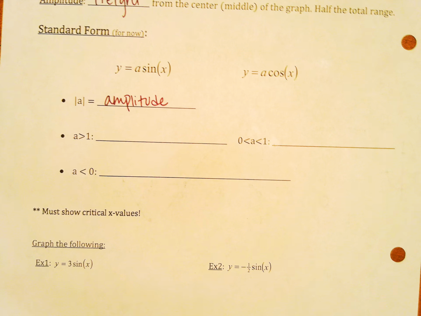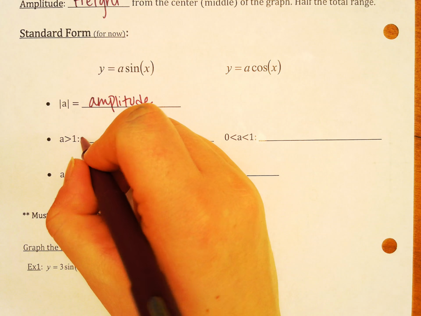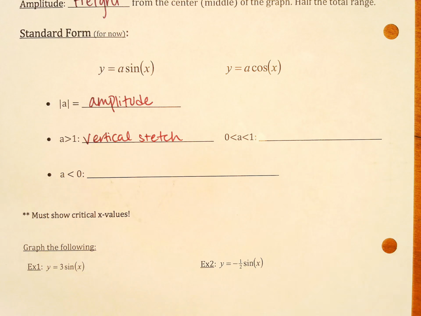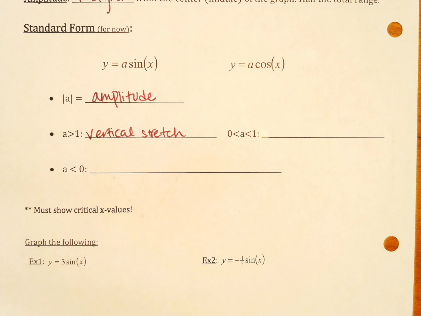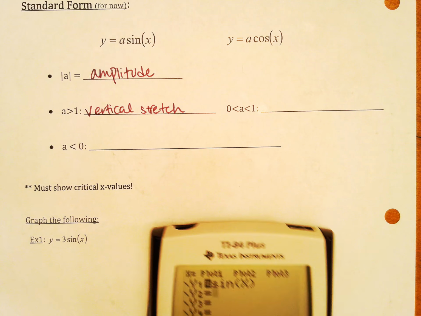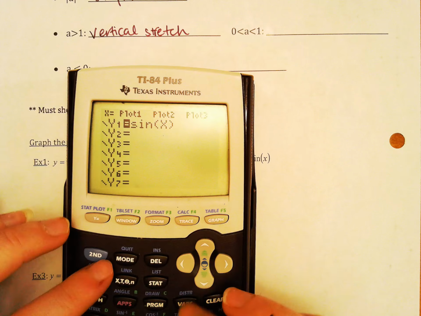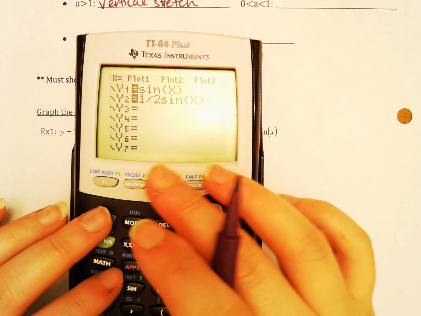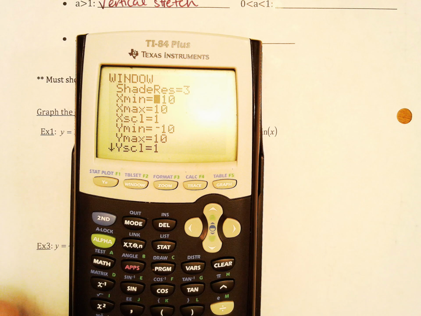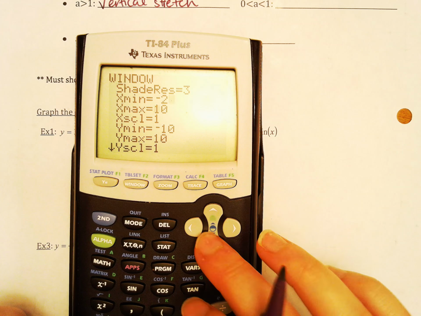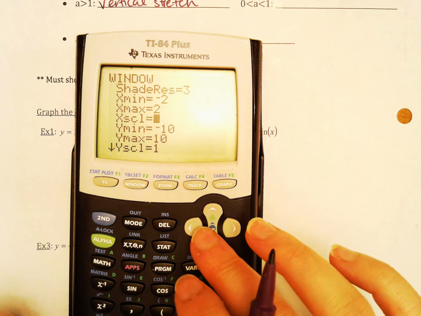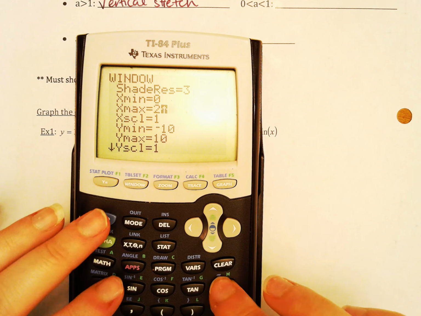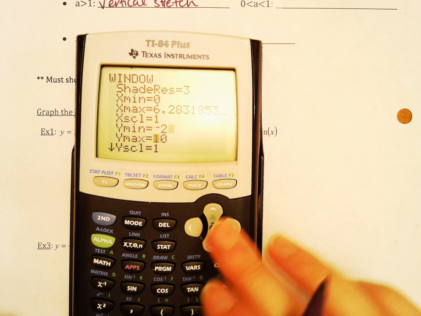If our A is greater than 1, that's what we saw here, it stretched it out. So that's called a vertical stretch. And if A is between 0 and 1, I'm going to show you, like if I did 1/2 sine x, I'm going to go from 0 to, we'll say 2 pi, and I'm going to go from -2 to 2.